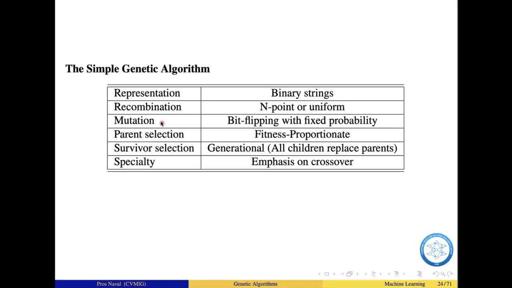Mutation for the SGA is bit flipping with fixed probability. Parent selection would be fitness proportionate, and survivor selection would be of the generational type, where all children replace all the parents. The specialty of the SGA is its emphasis on crossover.